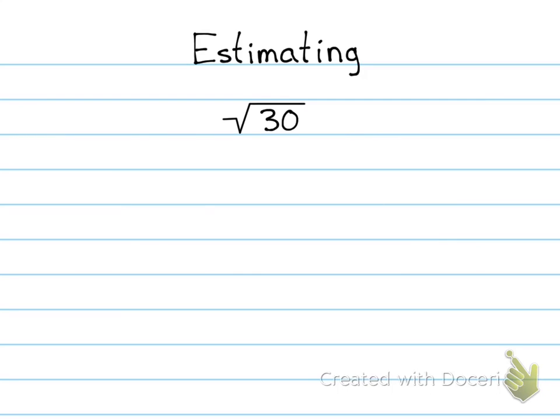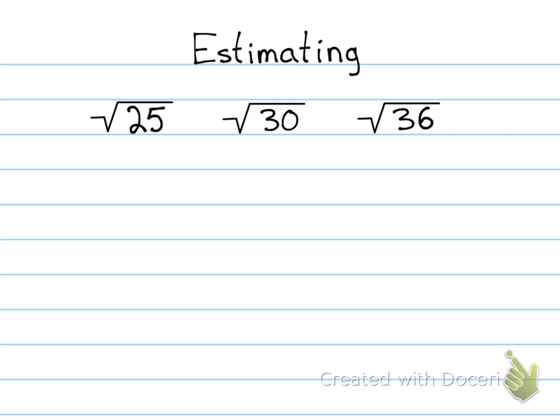Okay, and let's look at estimating some square roots. Now, we have some perfect squares. You should be well aware of perfect squares. And we see that we have here the square root of 30. This is not a perfect square, but we can estimate where this is on the number line by finding the perfect squares before and after it. One of the perfect squares that we know is 25, and the other is 36.